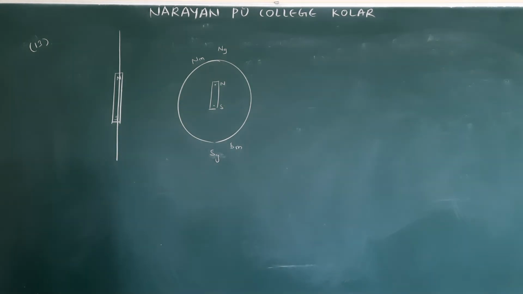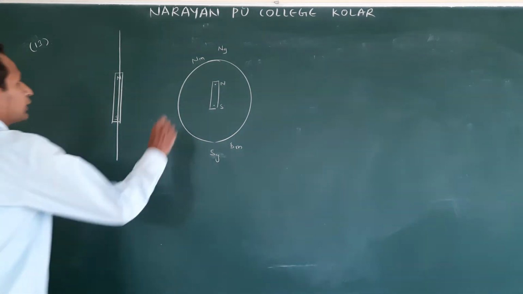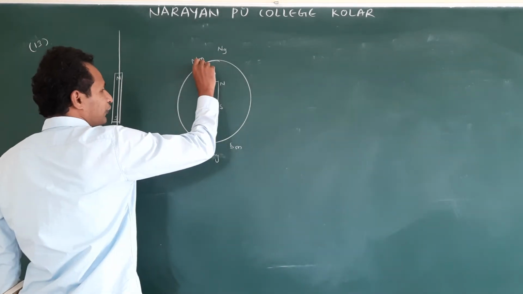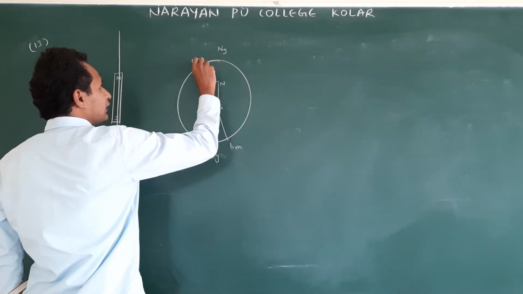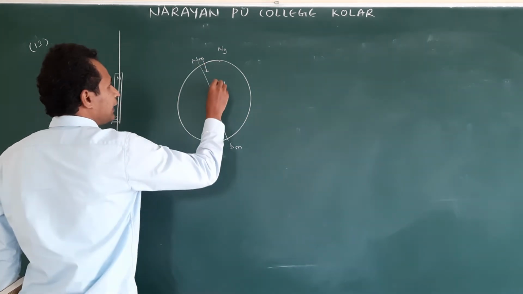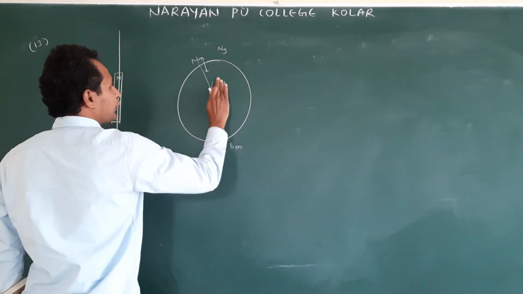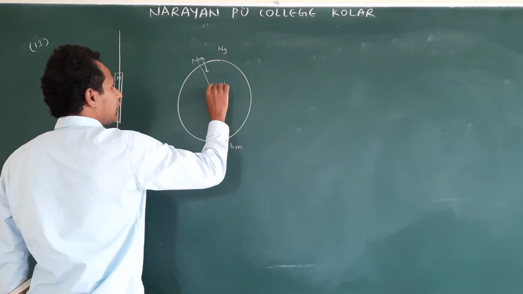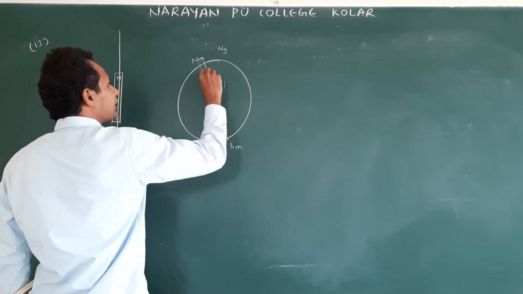So, this magnetic field line will act in this direction. Suppose, if you draw this like this, north, south, this will act in this direction.